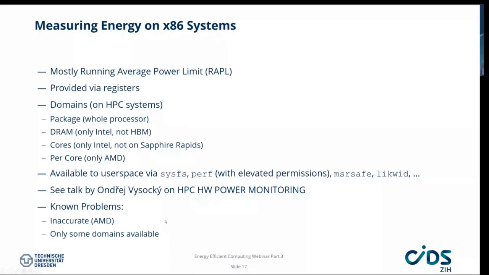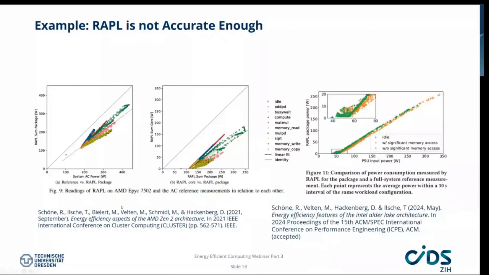And we have some problems. The first problem that we see is that it's not necessarily accurate. If you look at these measurements here, that is a Zen 2 Rome processor, ideally you would have an external reference measurement, which we see here on the x-axis, and on the y-axis we see the measurement from RAPL.